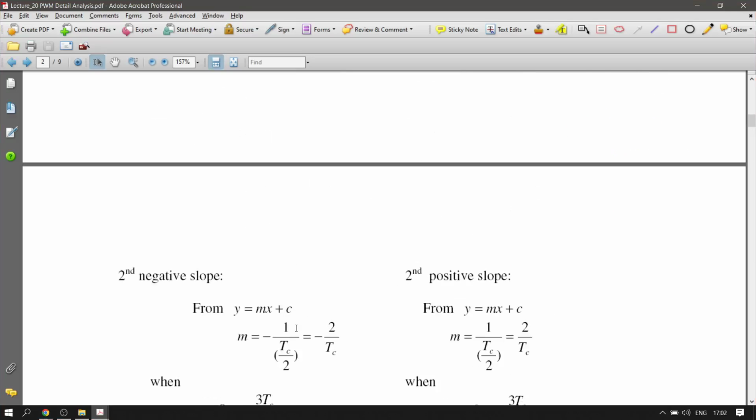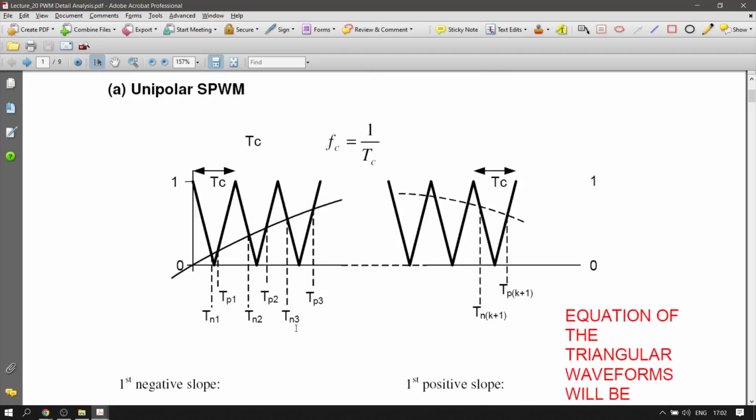Next, we do one more. The second negative slope. So you go to the second negative slope here. Look into this particular negative slope. That is the second negative slope.